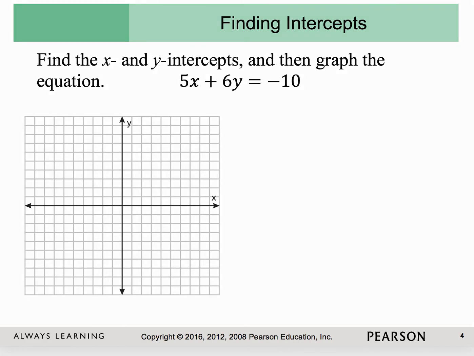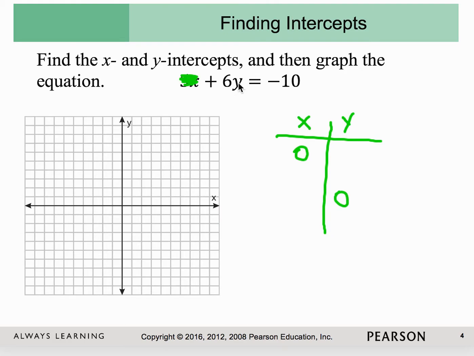Okay, let's try it again. Because I have an x and a y, I know I'm graphing, which means I know it's going to be a line because it's linear. If x is 0, y is, 6 times what equals negative 10?